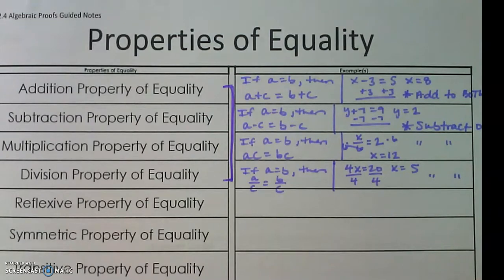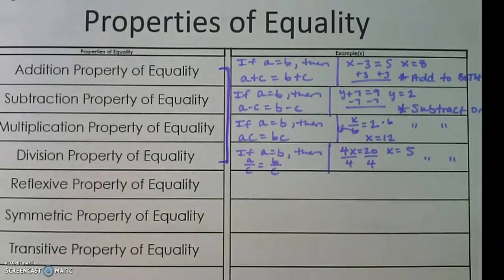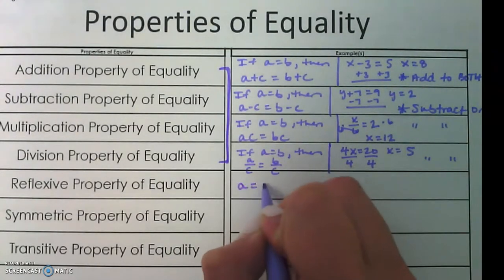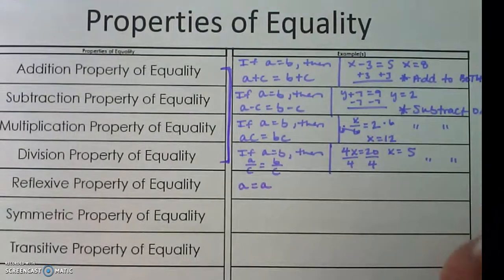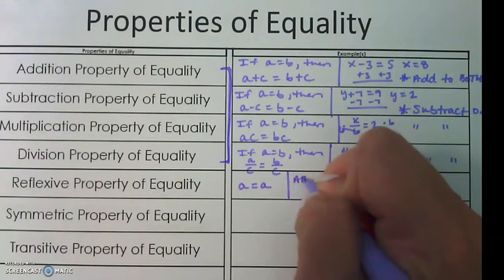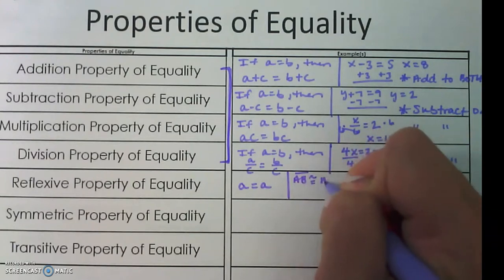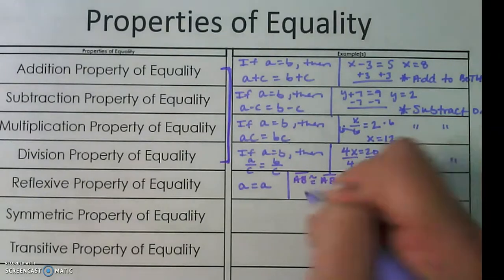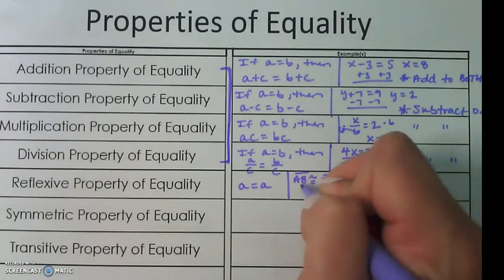Okay, our reflexive property of equality is pretty much saying that something is equal or congruent to itself. So a little symbol would be that A is equal to A. It could also look something like segment AB is congruent to segment AB. And when we get into some geometric proofs, this will start to make more sense, and you'll see it in geometry a little bit more versus the algebraic proofs.